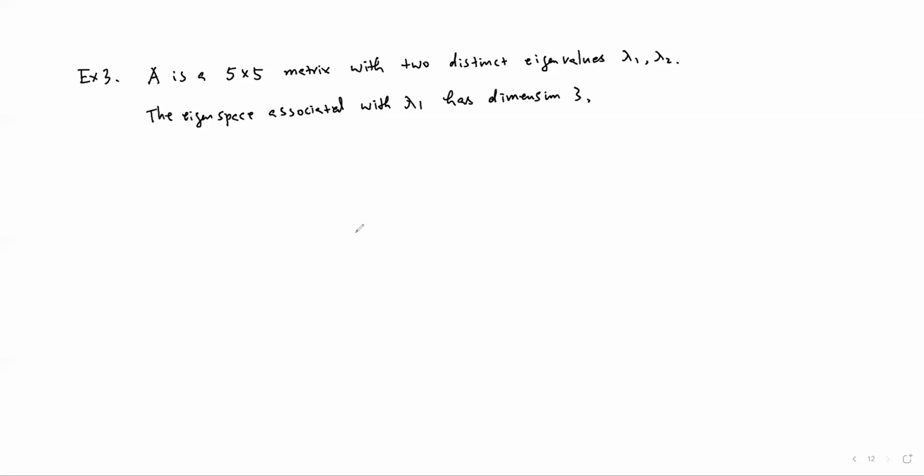On the other hand, the eigenspace associated with λ2 has dimension 2. The eigenvectors corresponding to λ2 have 2 linearly independent eigenvectors.